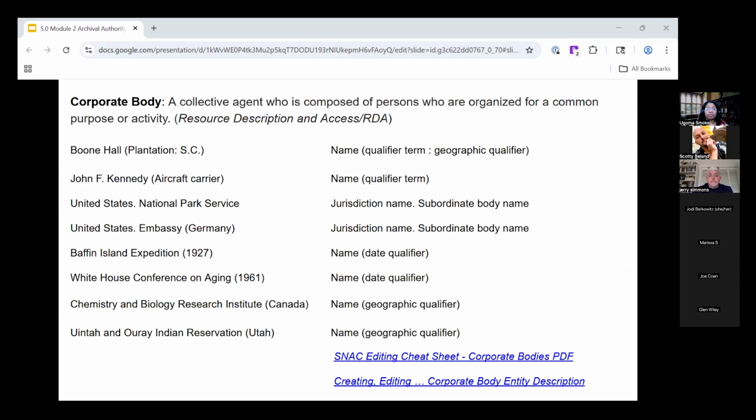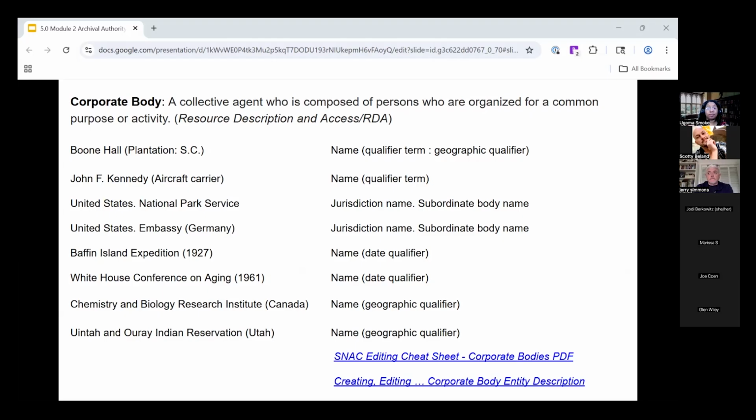Events such as athletic contests, expeditions, fairs and festivals, and vessels, including ships and spacecraft, are also considered to be corporate bodies. Due to the nature of many corporate body names, they can be ambiguous or contain person name elements. It is often necessary to establish a corporate body name with additional qualifying elements in order to disambiguate the name. Here are several examples of corporate body headings, along with a breakdown of each of their component elements.